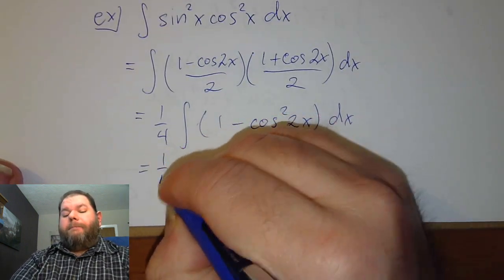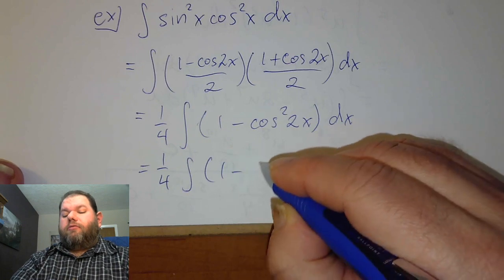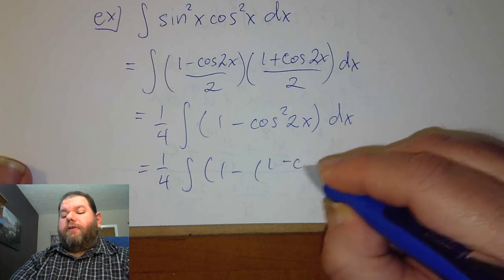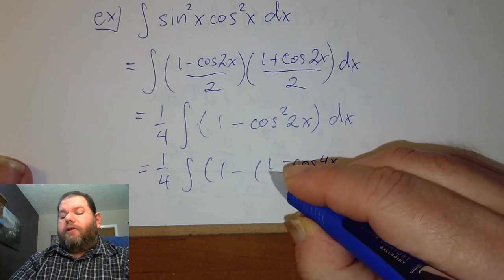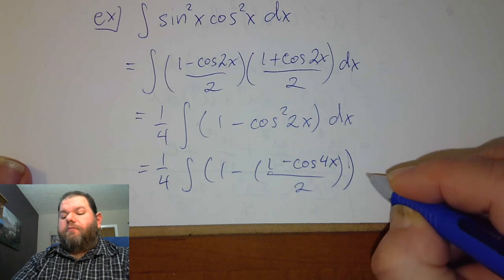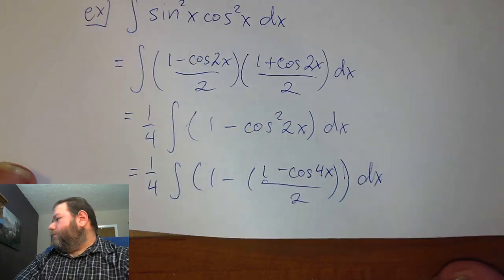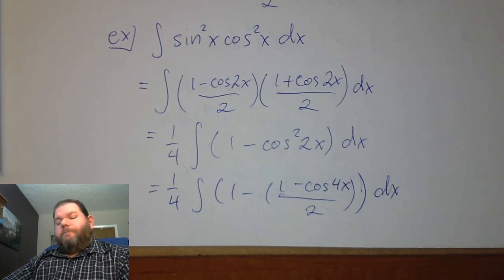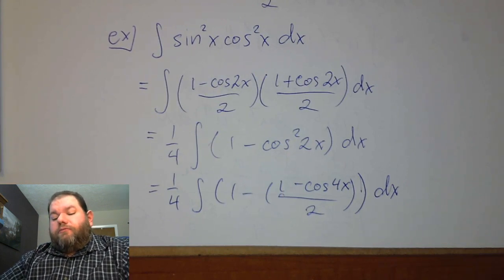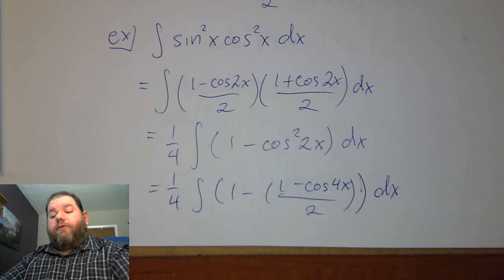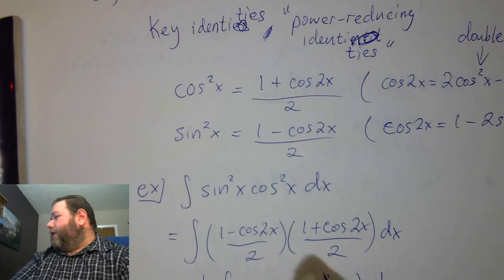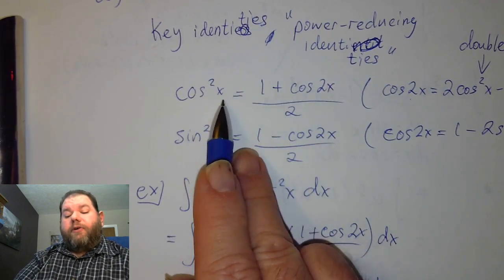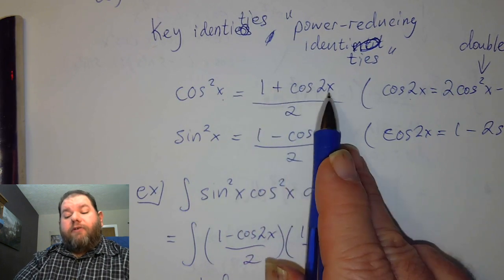Now, for cosine squared 2x, we'll make that 1 plus cosine of 4x over 2. So, let's point out what's happening here. Whenever we apply our power-reducing identity, we notice that the angle doubled. So cosine squared x became 1 plus cosine of 2x over 2.